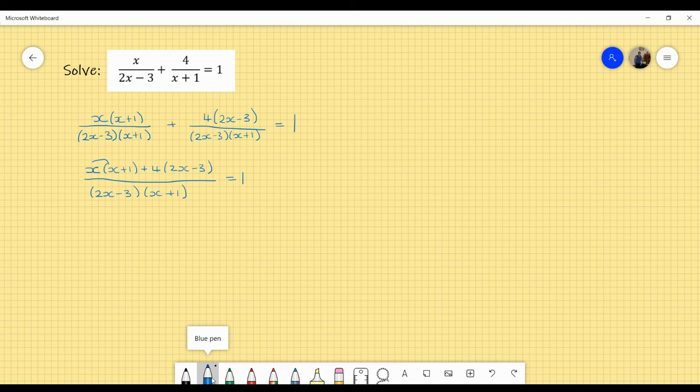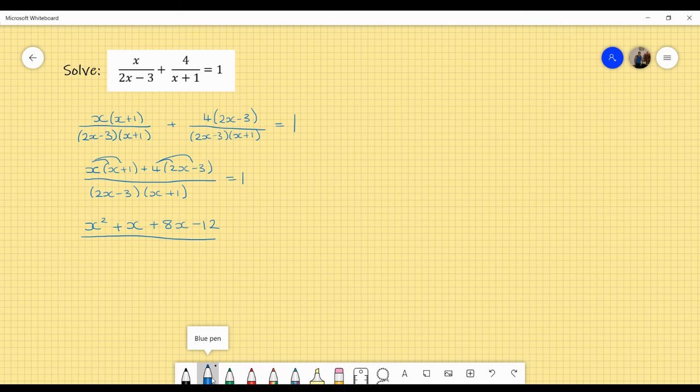So if I expand on the numerator, there are 2 separate brackets to expand here. x times x gives me x squared, 1 times x will give me x, 4 times 2x will give me 8x, and 4 times minus 3 will give me minus 12.